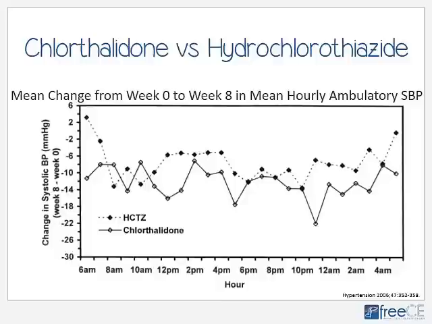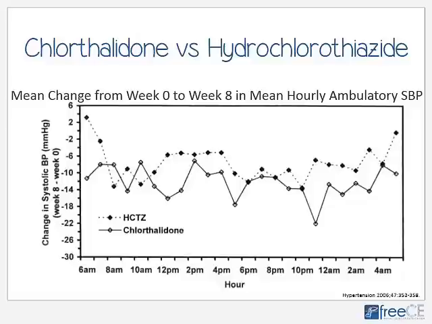However, one thing that I do think is interesting is this trial that looked at the change in blood pressure every hour between chlorthalidone and HCTZ. You can see chlorthalidone in the light gray dots and HCTZ in the solid black dots. Early in the morning, you can see that chlorthalidone has a greater decrease in blood pressure than HCTZ, suggesting maybe it has a longer duration of action than HCTZ.